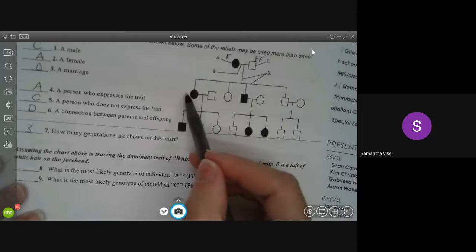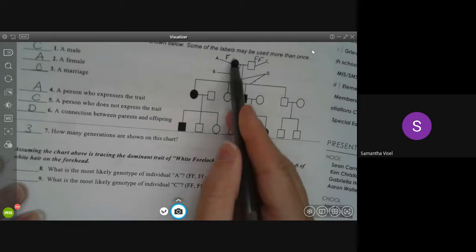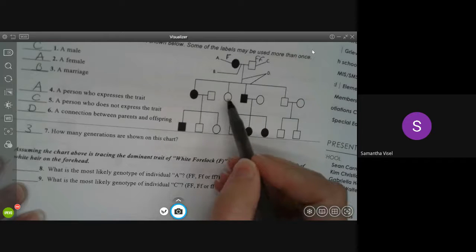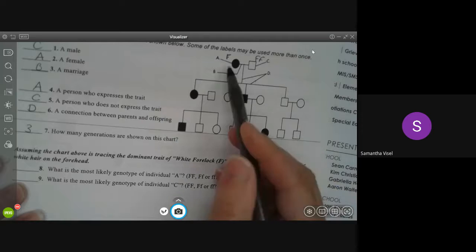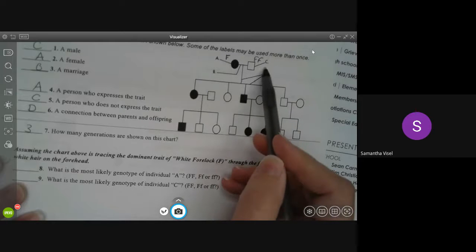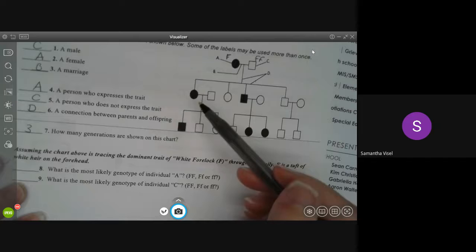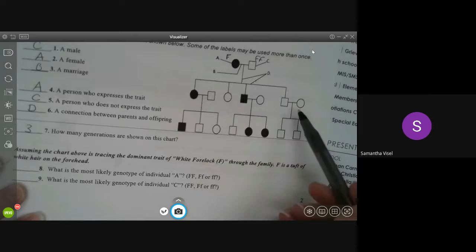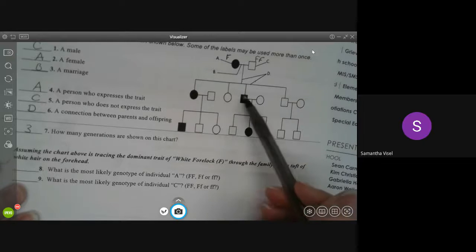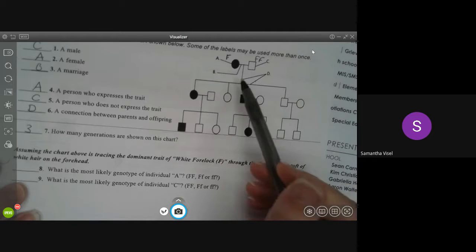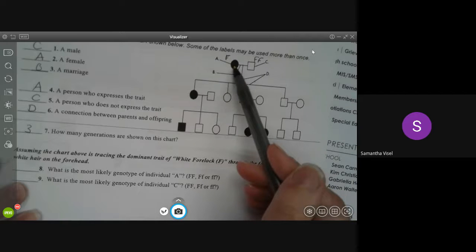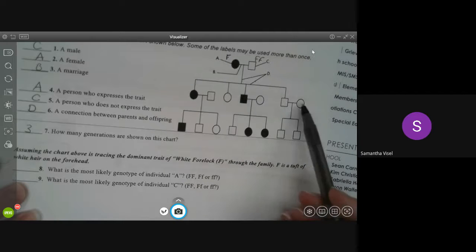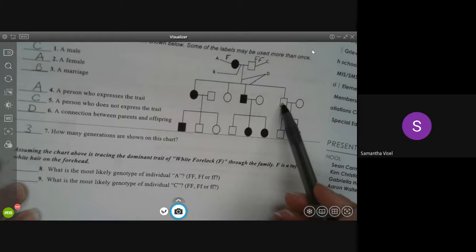So if this was a big F, then every single child would receive one big F from mom and one little f from dad. And so they would all then be heterozygous, but with white forelock. I have two children that have white forelock, so they got the big F from mom, but I have two children that do not have white forelock.